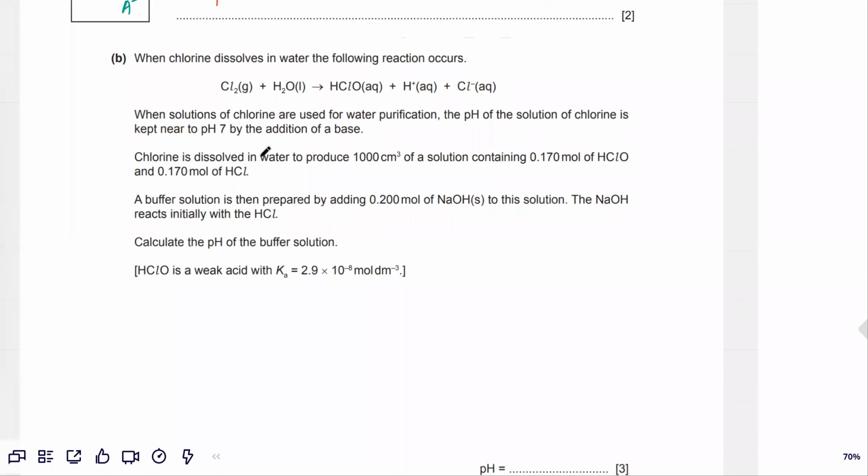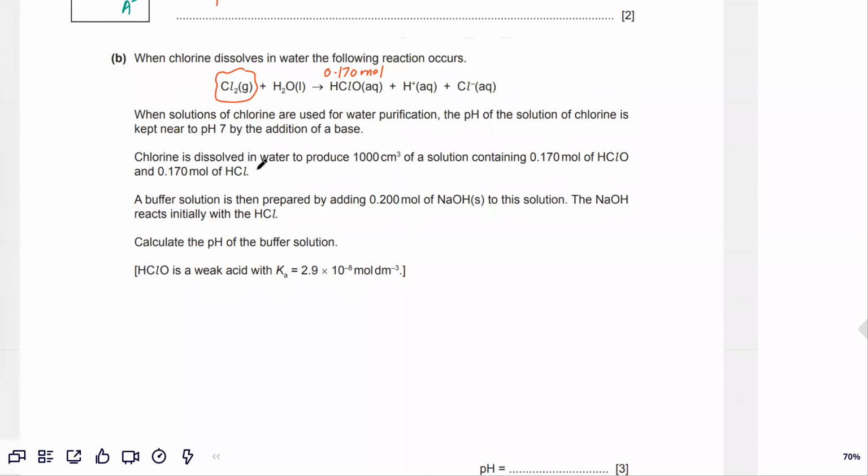So I think what he's doing is he's dissolving Cl2, right? It's this one, and when he dissolves it, 0.170 moles of HClO are produced. So 0.170 moles of HClO and 0.170 moles of HCl.